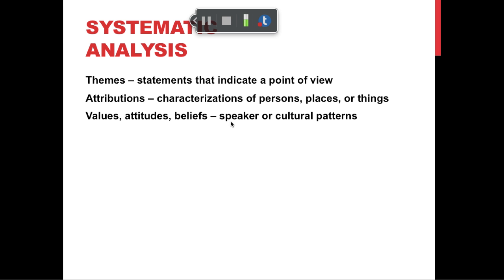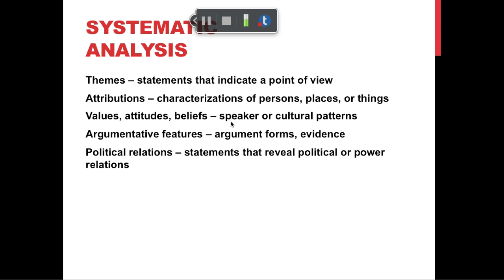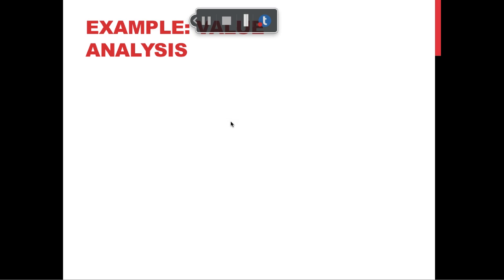We can also look at the values, the attitudes, beliefs of either the speaker or the larger culture. And we can look at argumentative features, so specific argument forms or evidence. Political relations, so statements that reveal political power relations within groups.